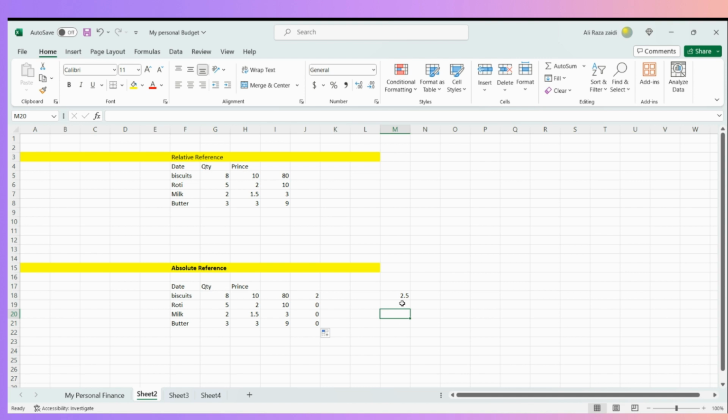For this I have to use an absolute reference.